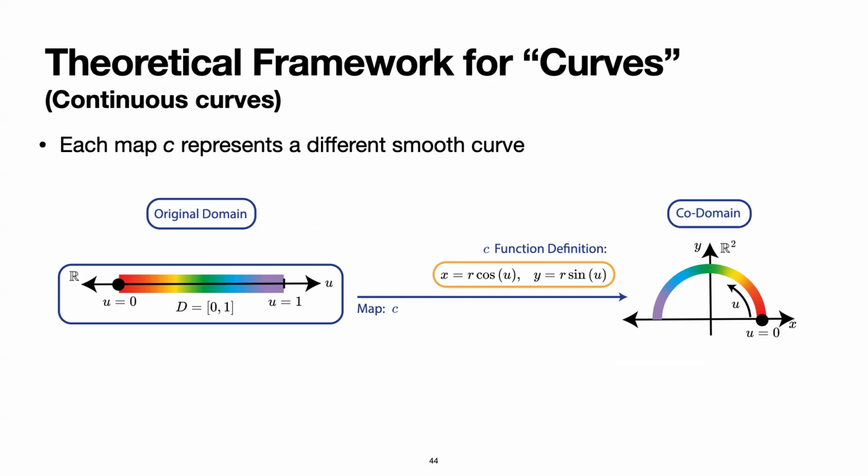If you change this definition, then this shape will change. This is a fairly common change of coordinates. If you take points along U and you say R cosine U, R sine U, then it'll give us a circular looking thing. If we change this to something more complicated, then it might be more complicated over here. So each map represents a different curve.